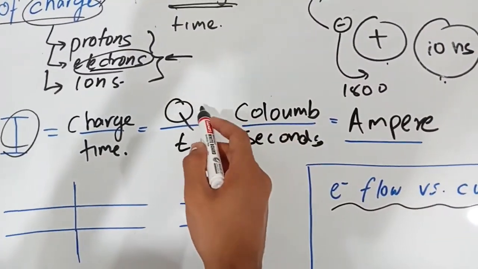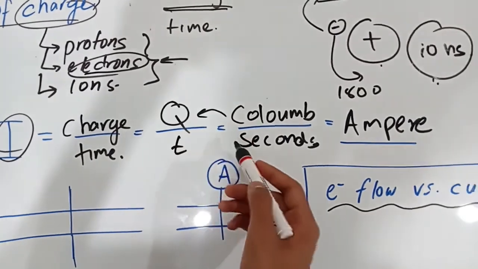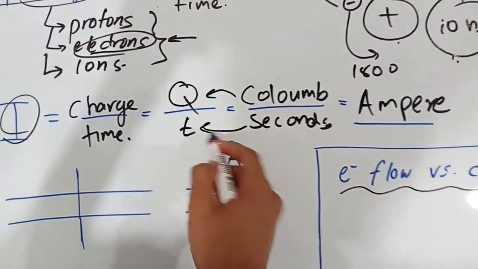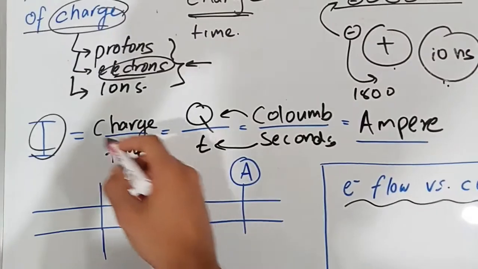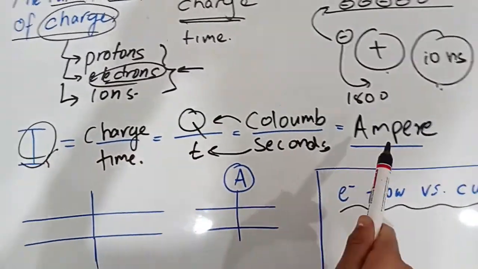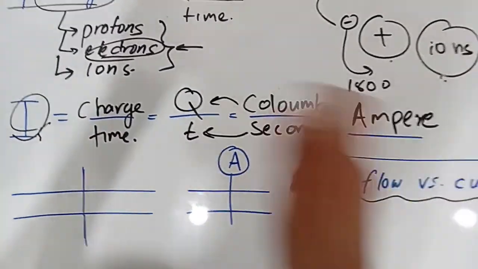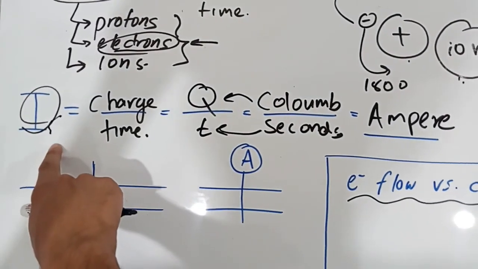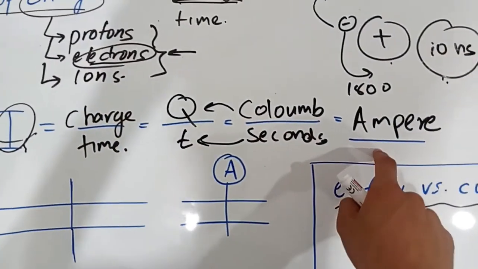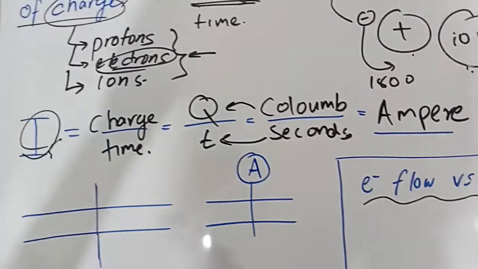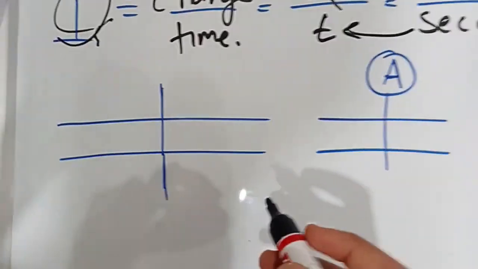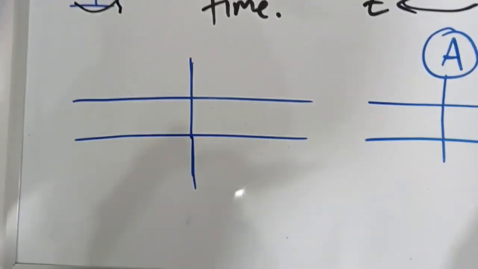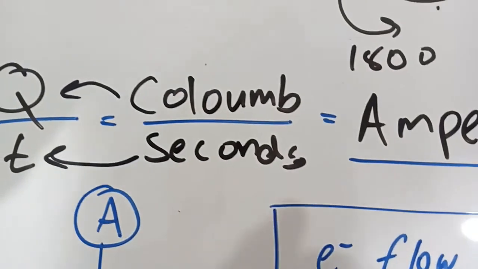And remember, the symbol for charge is Q, and the symbol for time is T. The symbol for current is I, and it's measured in amperes. Remember this: the symbol for current is I, and it's measured in amperes. Now, if we're measuring the amount of charge that flows through in a specific amount of time, we're measuring the number of coulombs of charge going through a piece of wire.